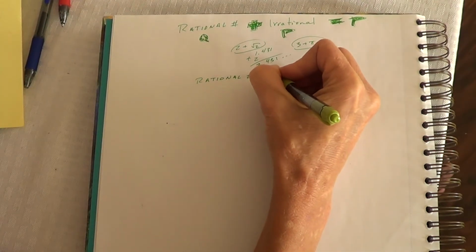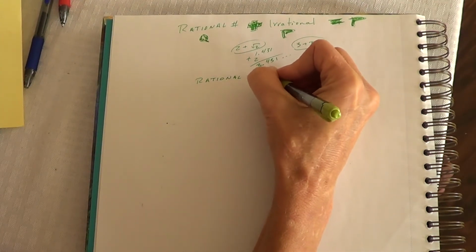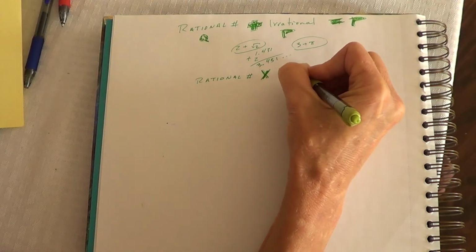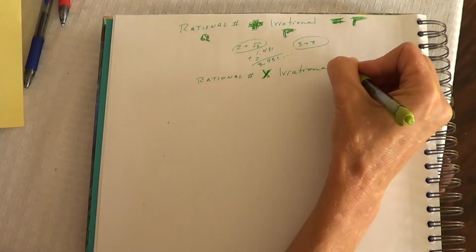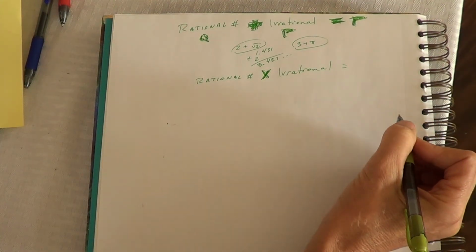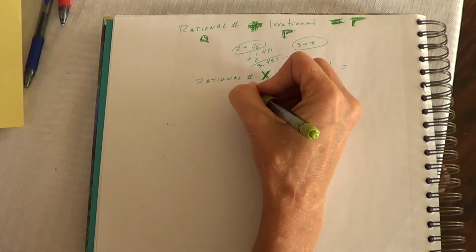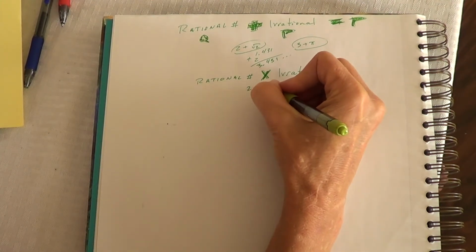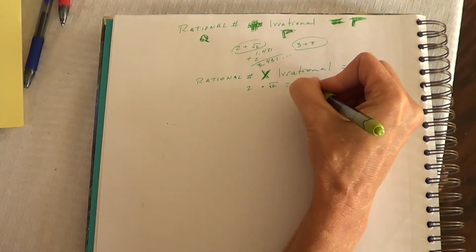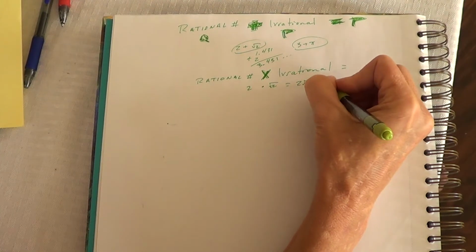Now, what if we have numbers, and we are multiplying this time. Irrational. What will that be? Well, we might sit here and think of all of these common ones. 2 times radical 2, that would be 2 radical 2, so that's irrational.